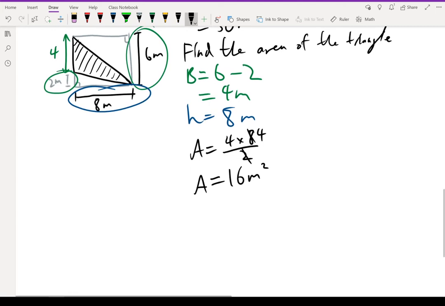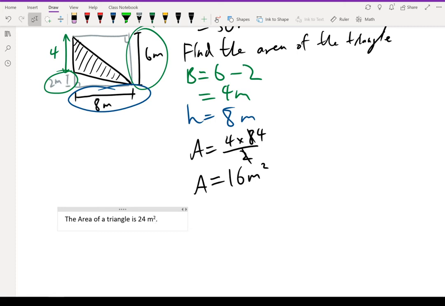Now, I'm going to go into a word question this time. We're given the area of a triangle is 18 meters squared. Let me change it. 24 meters squared.